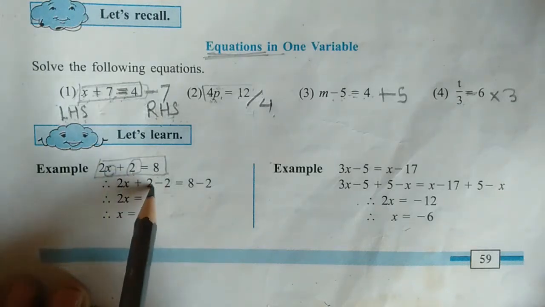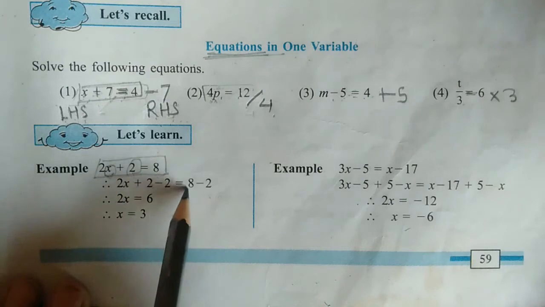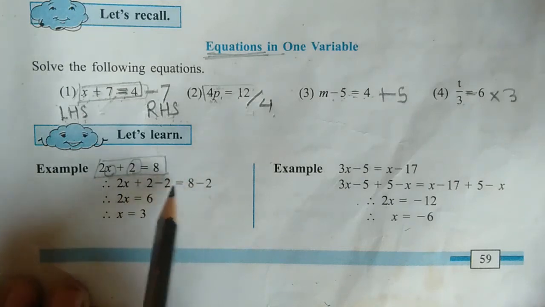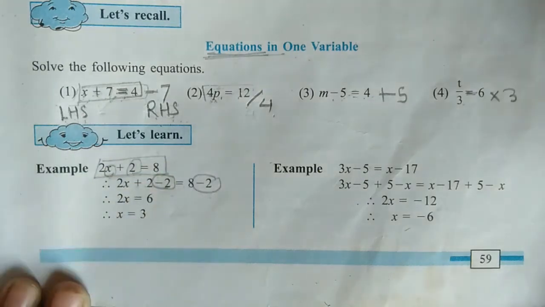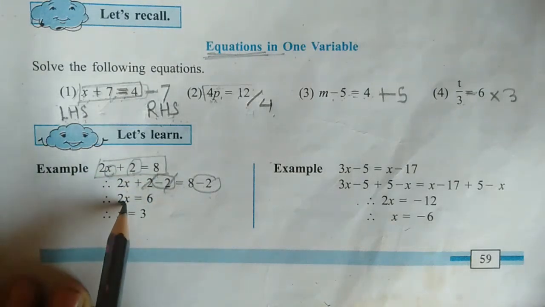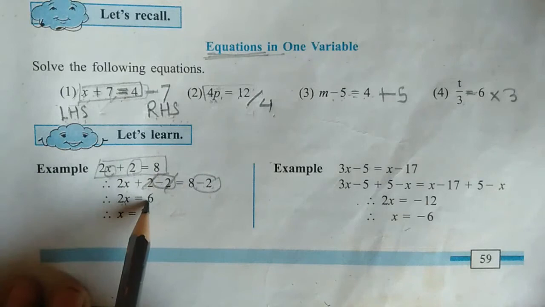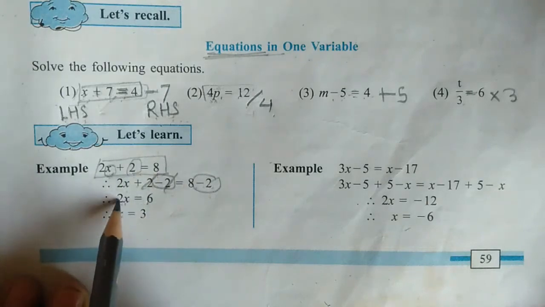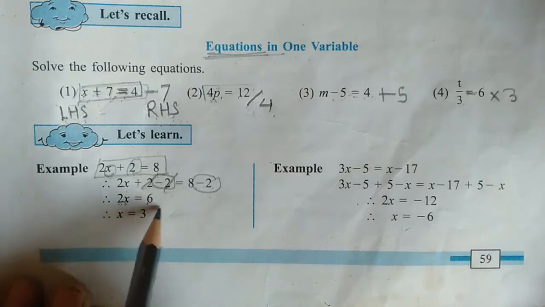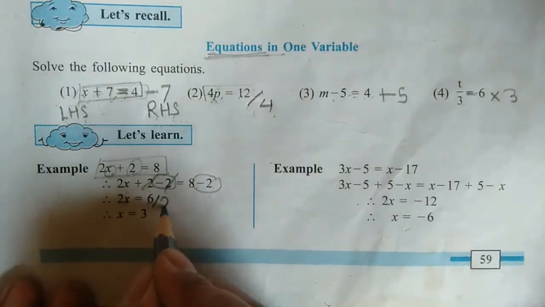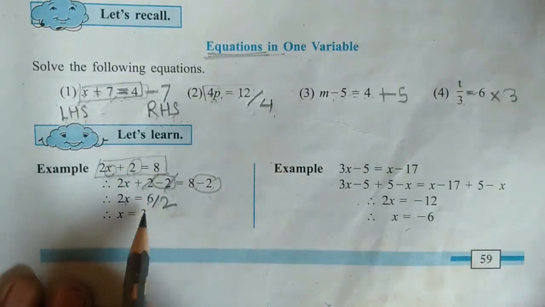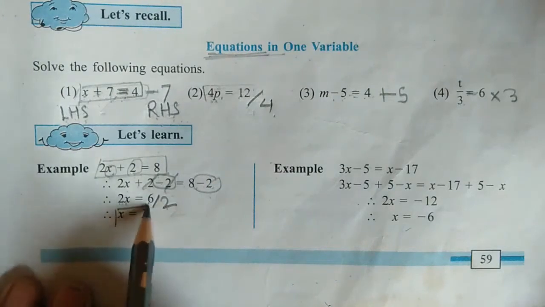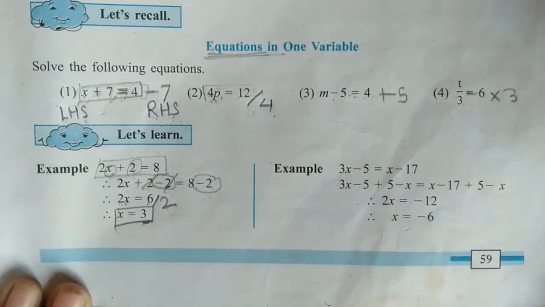So twice x plus 2 as it is, minus 2, is equal to 8 as it is, minus 2. So 2 minus 2 is 0. So what remains here? Twice x, and 8 minus 2 is 6. Now this 2 is multiplied with x. So when it goes to the right side, it becomes divide. So 6 divided by 2 is 3. So x is equal to 3. In this way we solve the equations.